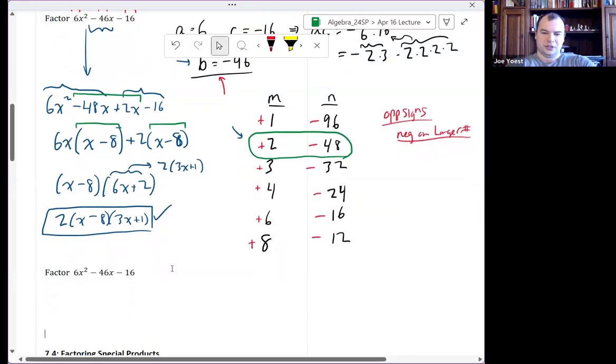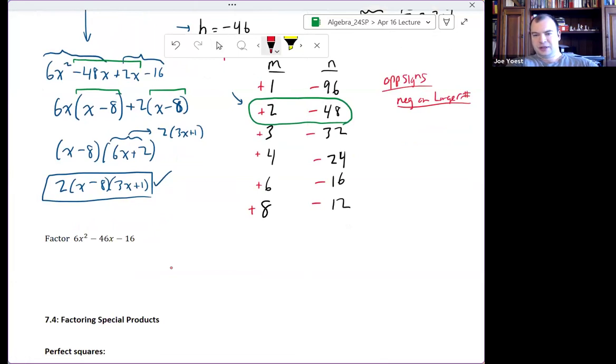I might have noticed these were all even numbers, and I could have actually factored a 2 out in the first place. So this would have given me 3x squared minus 23x minus 8 left over. If I recognized that at the beginning, I could have factored the 2 out.